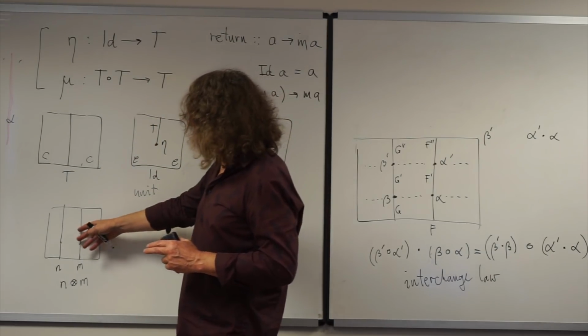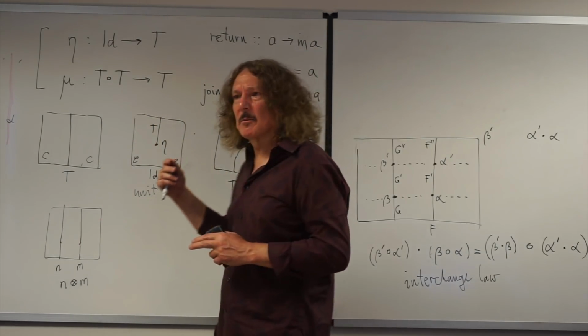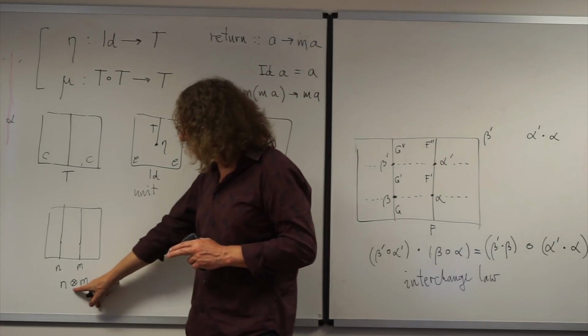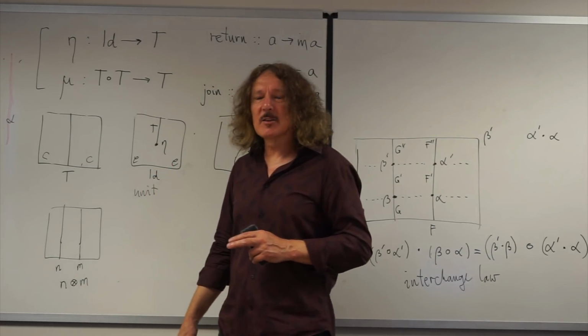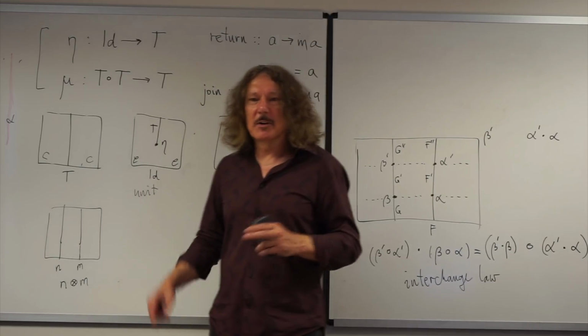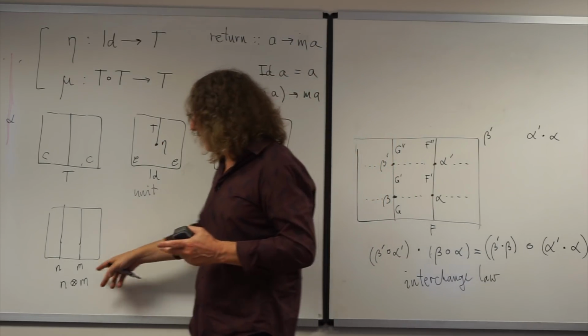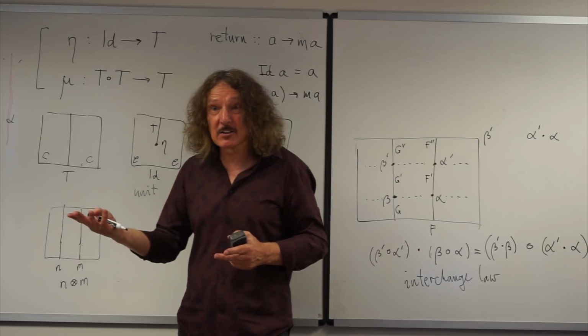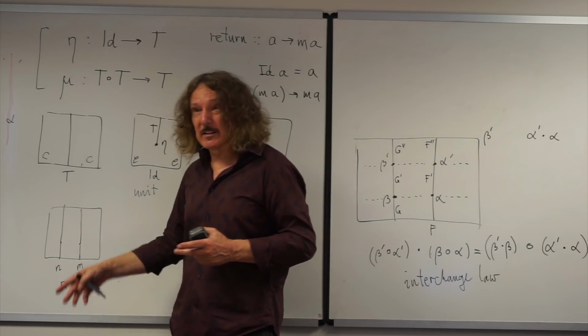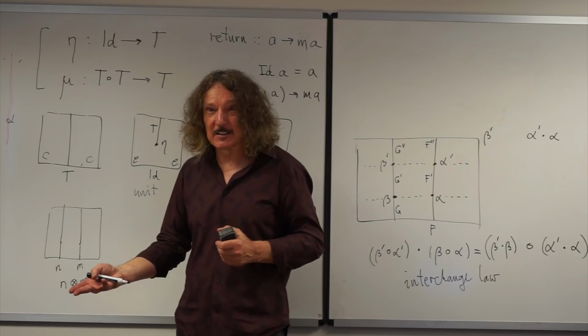So this is very similar to what we were drawing for our functors, except that now I'm saying this is a tensor product of two objects. What's the connection? Well, in a functor category, objects are functors, and tensor product is composition of functors.